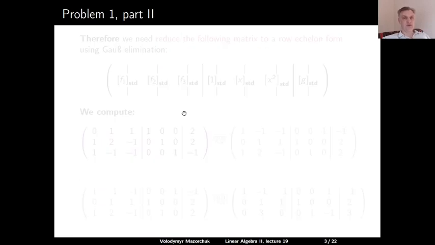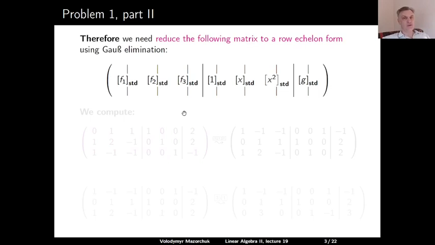So the major part of our problem is to reduce the following matrix to a row echelon form using Gauss elimination. We have a big matrix which consists of 3 parts. The leftmost part consists of our vectors f1, f2, and f3, and the columns are the coordinates of these vectors in the standard basis.